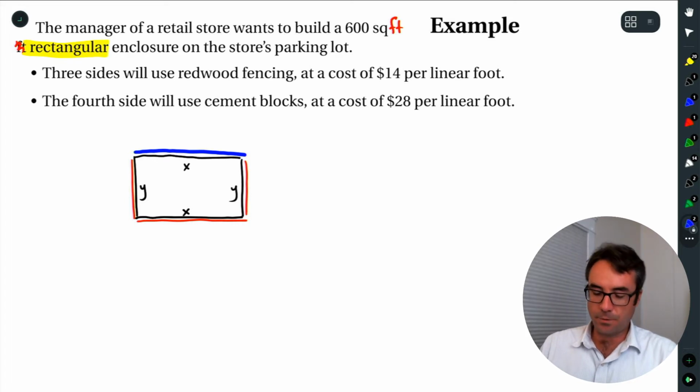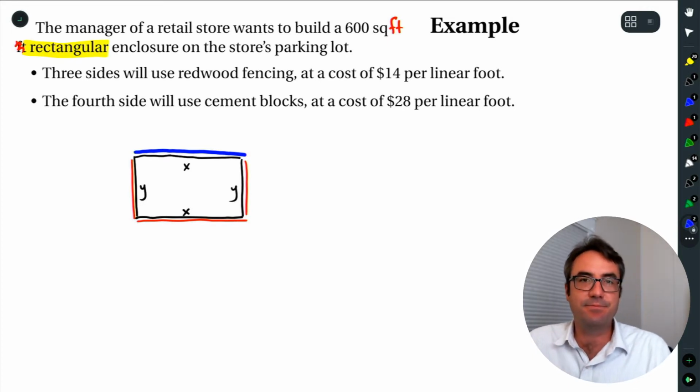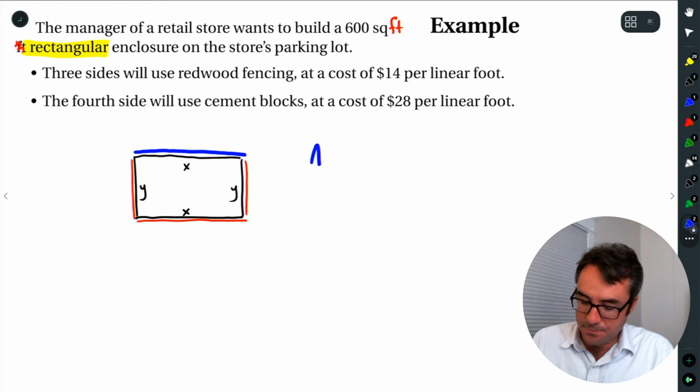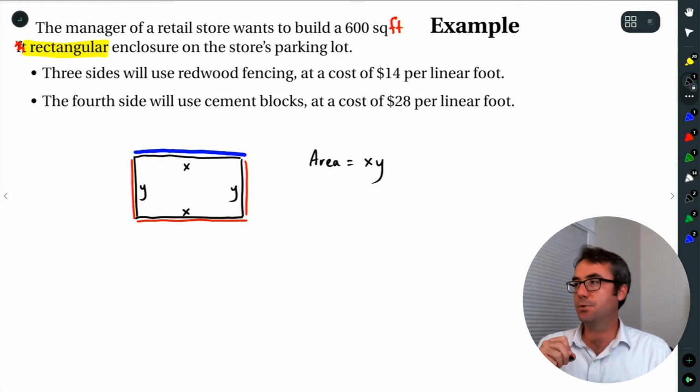All right, so for a rectangle, what are some of the usual values we might be interested in? Well, we might be interested in the area. What would be the area of this? It'd be X times Y. Maybe perimeter.